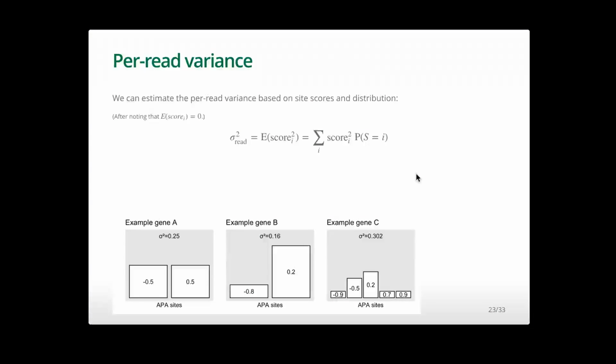One thing we can note about it, we have some idea of the per UMI variance. If we were to assume it was randomly chosen, we could work out the variance. If there's a big shift, then this will be a bit of an overestimate, but it's the best I can do. And then of course, we also have the UMI count.